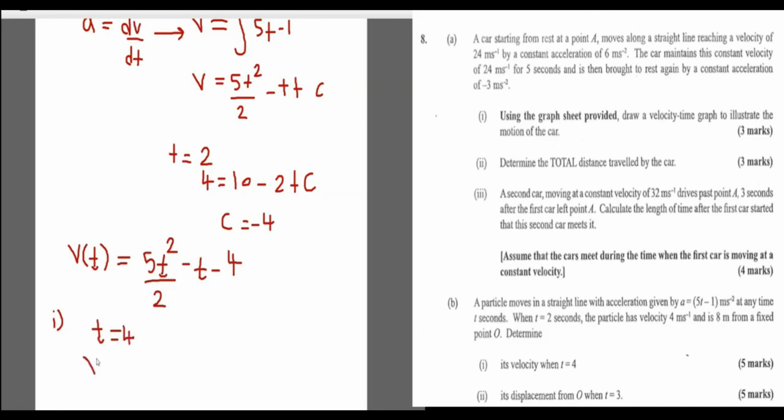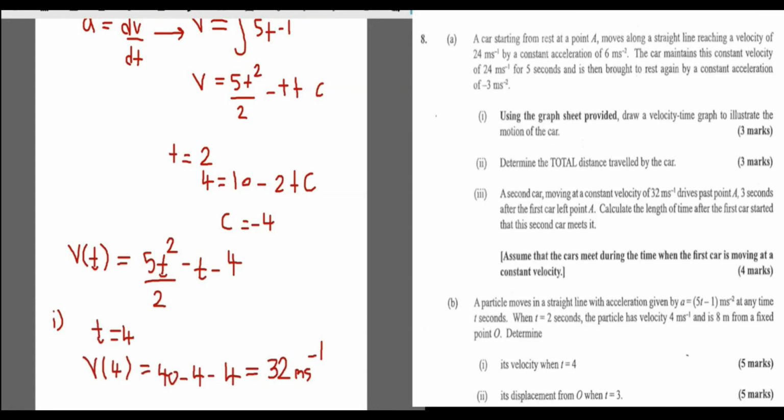We substitute 4 here. 4 squared is 16, 16 times 5 is 80, 80 divided by 2 is 40. So we get 40 minus 4 minus 4, and the velocity is 32. So the velocity is 32 meters per second when t is 4.